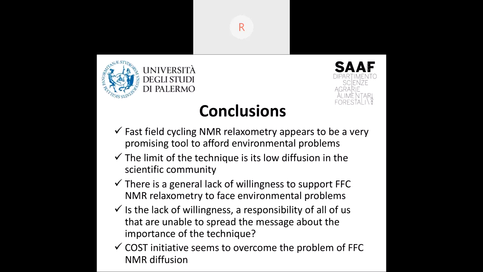What are the conclusions that we can have from these experiments? Well, the first conclusion is that fast field cycling NMR relaxometry is really a very promising technique to monitor environmental problems.